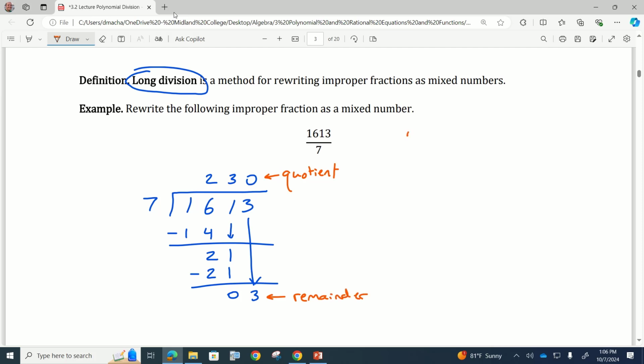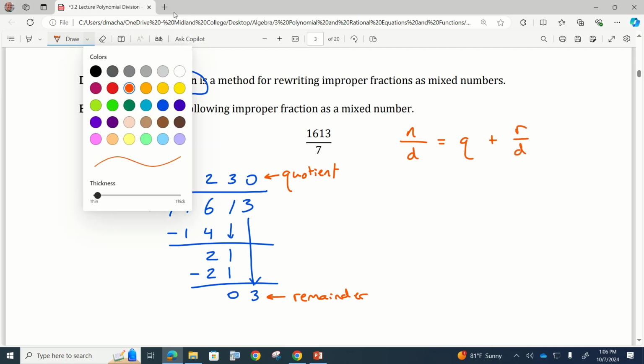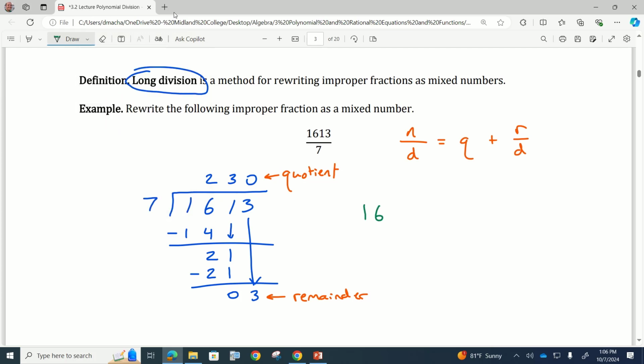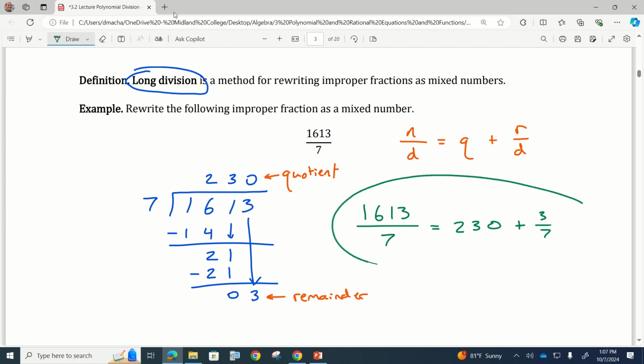And the way we wrote our answers is we took this numerator over denominator and we write it as quotient plus remainder over divisor. So this answer is saying 1,613 divided by 7 is equal to 230 plus 3/7. And so with long division, we keep going until the remainder is less than the denominator. So that way, whenever I write my answer, I've got a proper fraction there at the end.